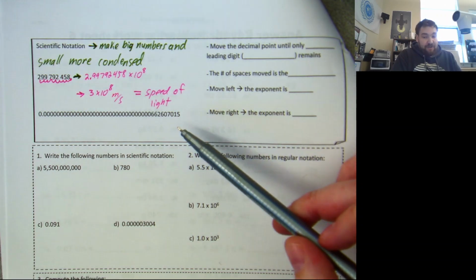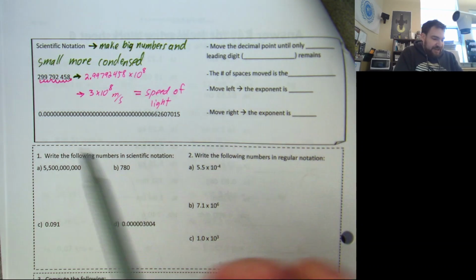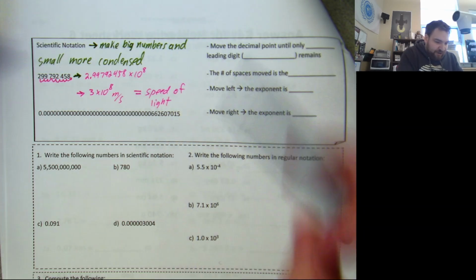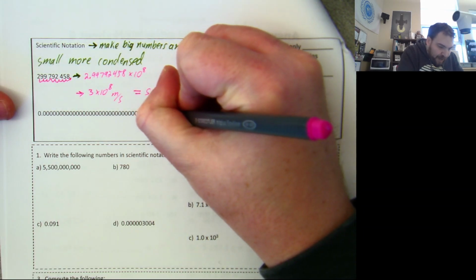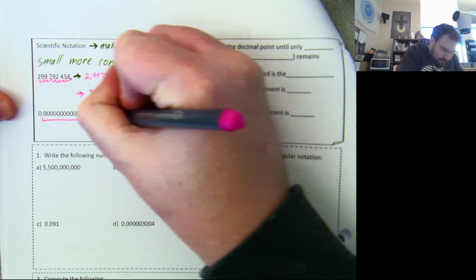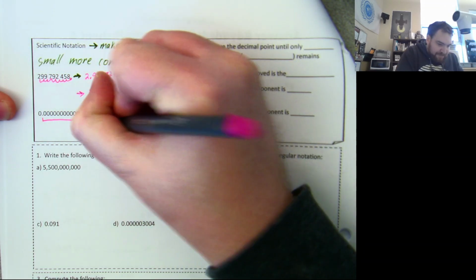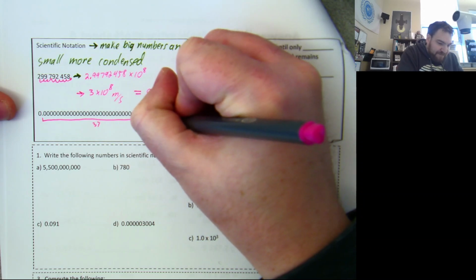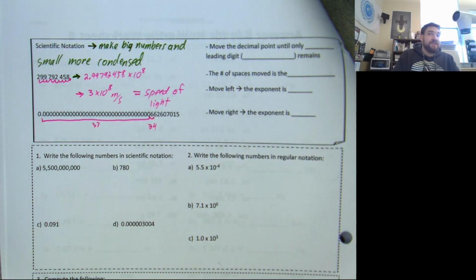And there's this other value. This number is ridiculous. There are 33 zeros here. So then we need to jump it one more. There's 33 jumps there, and then one more jump takes us to 34 jumps. The scientific notation most often shows up with really small values.